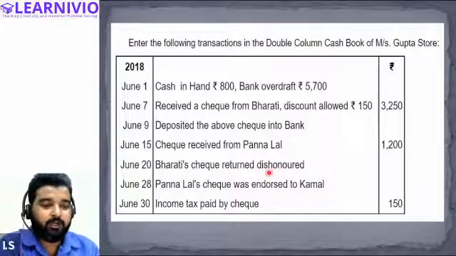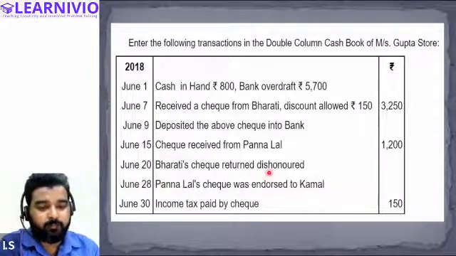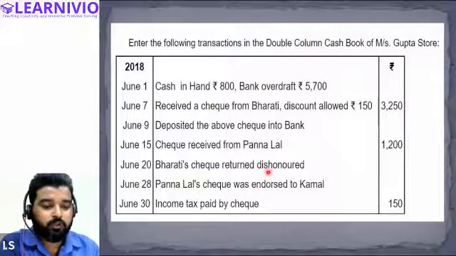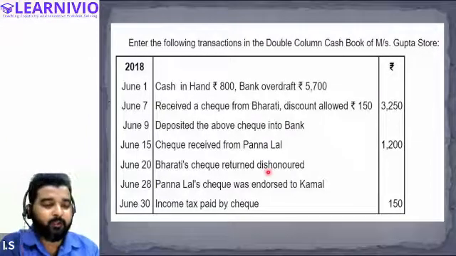Checks are usually dishonored due to many factors, like a signing mistake, printing mistake, writing mistake, or, for example, not enough balance in the customer's account. All of these factors lead to the dishonor of the check. Basically, dishonor simply means the bank is disallowing the payment against the check.